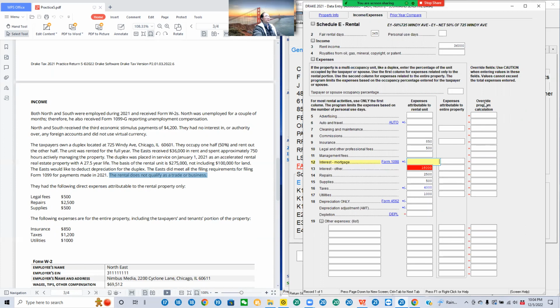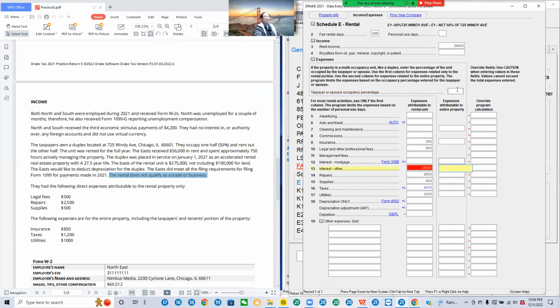Okay. So now, if you input the full amount, and then you have to put the 50% in here, and then the property tax, for example, you can either go this way and just do it for the rental, and then for Schedule A, you have to go back to Schedule A to input it. But there's a shortcut, and here is the shortcut.